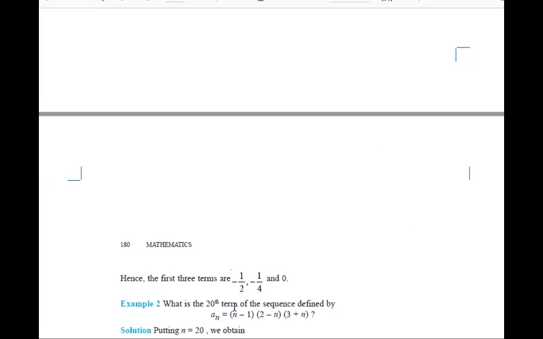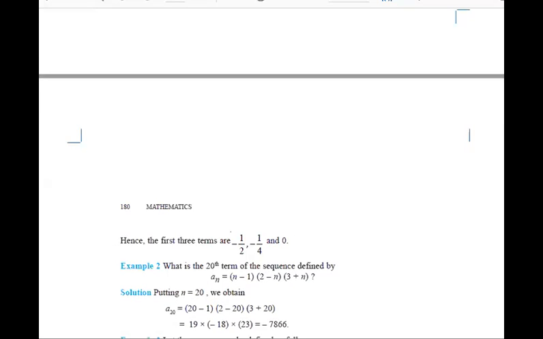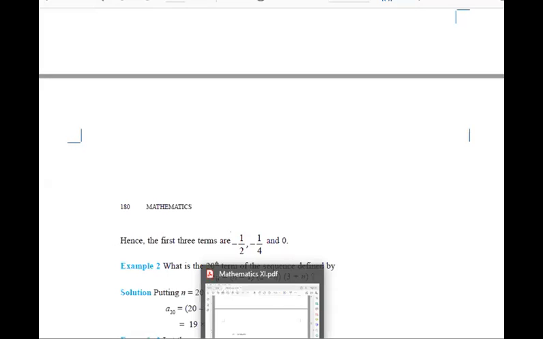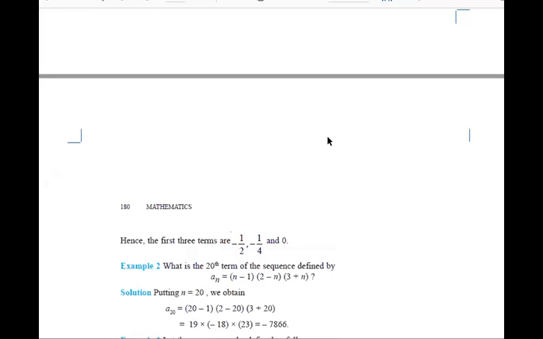Here the sequence is given by an is equal to n minus 1 into 2 minus n into 3 plus n, and you are asked to find the 20th term. Means you have to put n is equal to 20. So if you put n is equal to 20, you will get this answer. Got it, everyone? All of you got this? Yes or no? Clear?